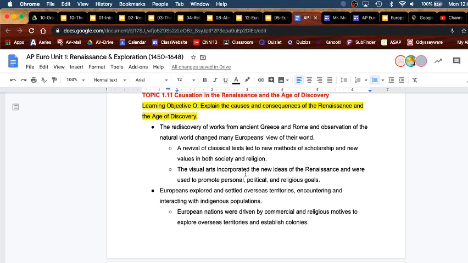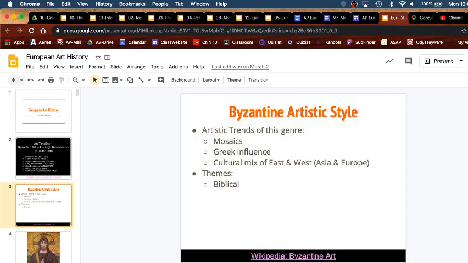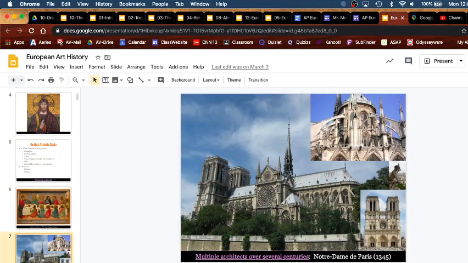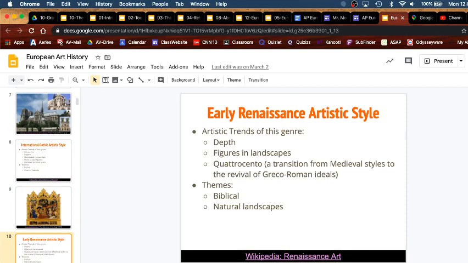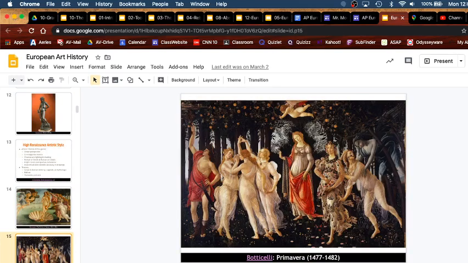The visual arts incorporated the new ideas of the Renaissance and were used to promote personal, political, and religious goals. Again, I'll make note that I have an entire presentation on artistic movements, going over things that happened before the Renaissance and, of course, early Renaissance into the high Renaissance.